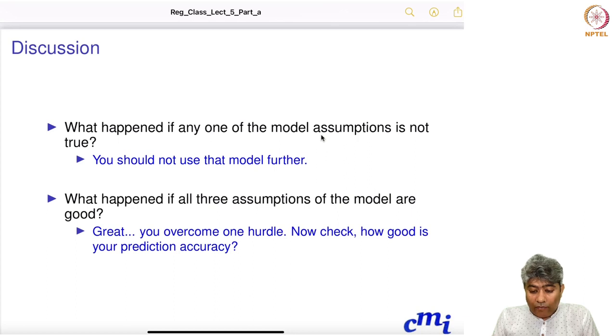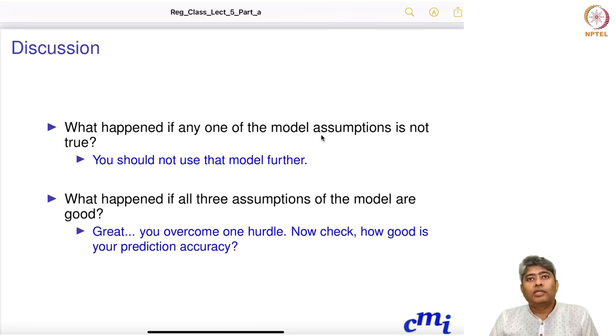In this particular case that I showed as an example, the assumption of linearity is okay, homoscedasticity is okay, randomness is okay, but the assumption of Gaussianity could be in question.